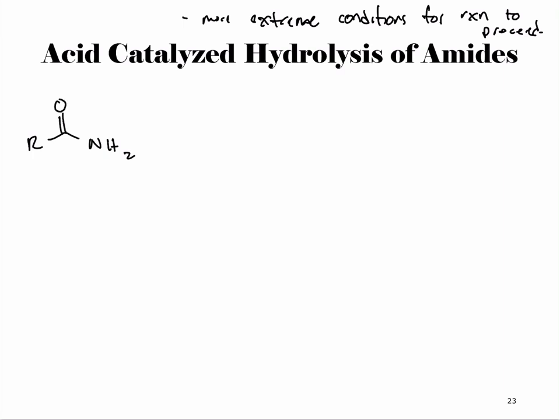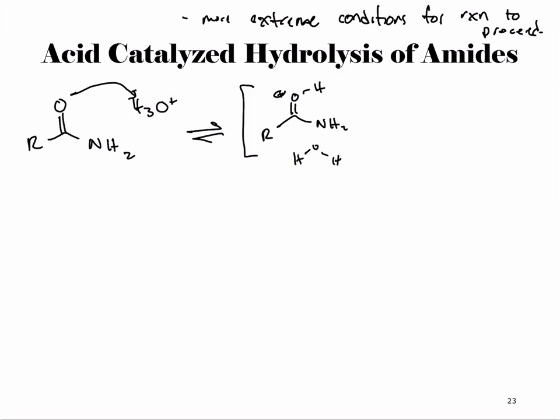If this is acid catalyzed, we will protonate the carbonyl oxygen. When we do that, it allows for nucleophilic attack of water on this protonated intermediate, with the NH2 like this. Then we get our tetrahedral intermediate.